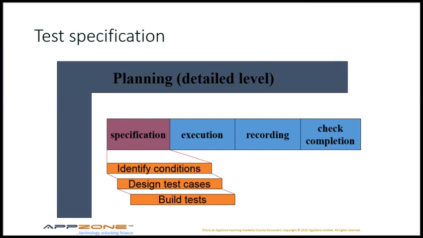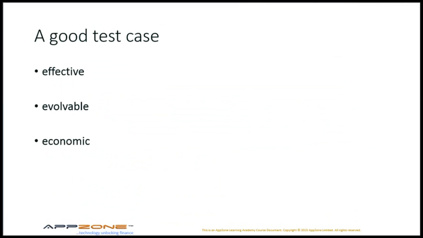Now let's look at the specification. In specification, we are going to identify conditions, design test cases, and build tests. Now a good test case should be effective, evolvable, and economic. So for it to be effective, you should be able to find faults.